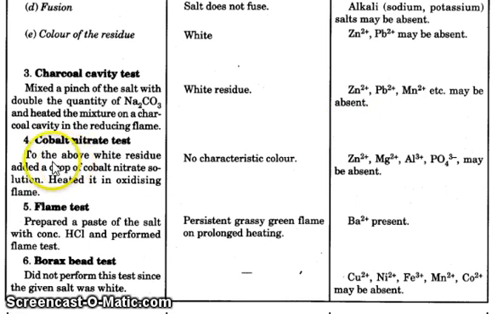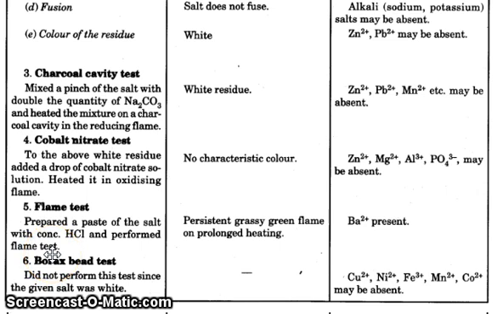Then you can start new experiments. Cobalt nitrate test. To the above white residue, added a drop of cobalt nitrate solution and heated it in the oxidizing flame. You have no characteristic color. This is your observation. So what is your inference? Zn2+, Mg2+, Al3+, PO4 3- may be absent.